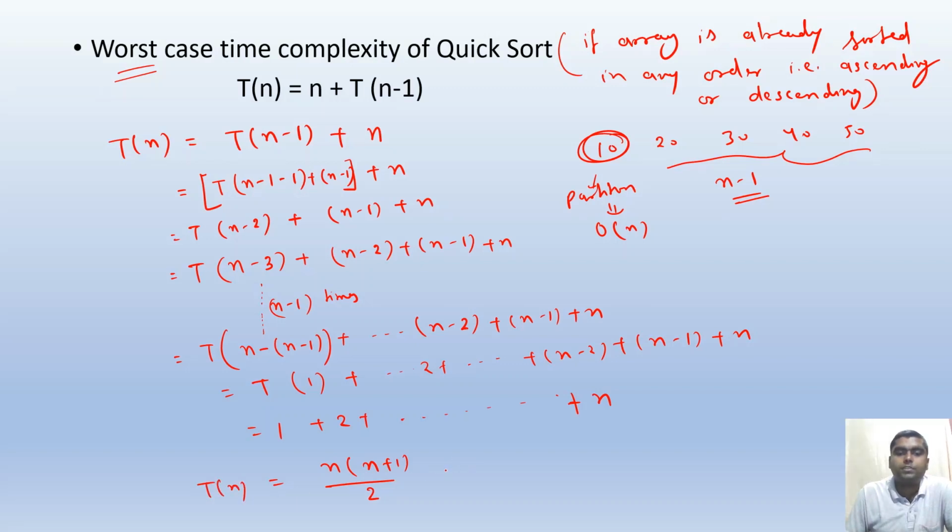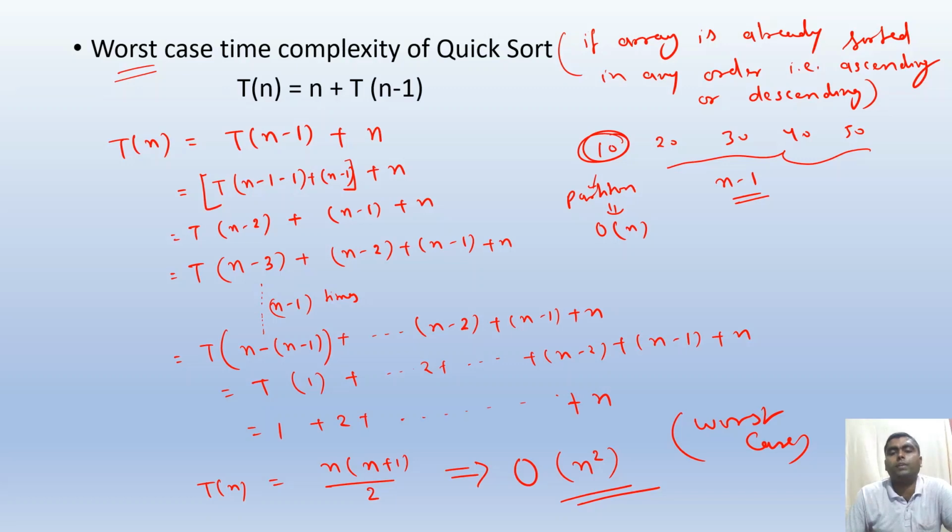So finally, in terms of time complexity, what will be the time complexity of this particular algorithm? Order of n square, because n into n is order of n square, so the highest term is n square. So this is the worst case time complexity of this particular algorithm. The worst case time complexity of the quicksort algorithm is order of n square.